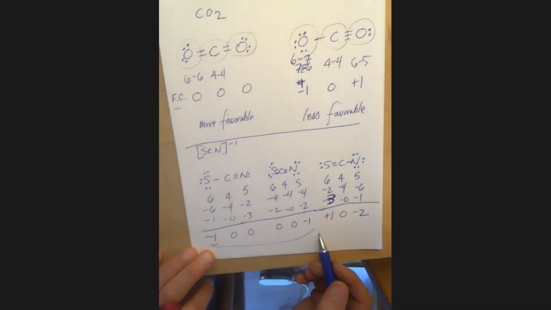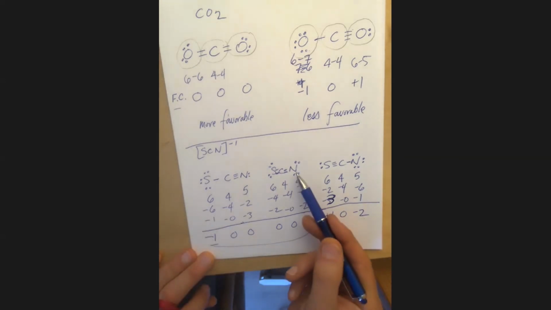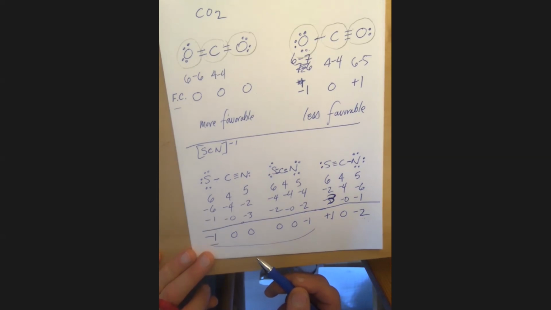And then in choosing between these two, we say, would we rather have the -1 on the sulfur or the -1 on the nitrogen? If we have two elements, whichever is the most electronegative element will be the one that has the negative formal charge, if there's no other reason to choose.